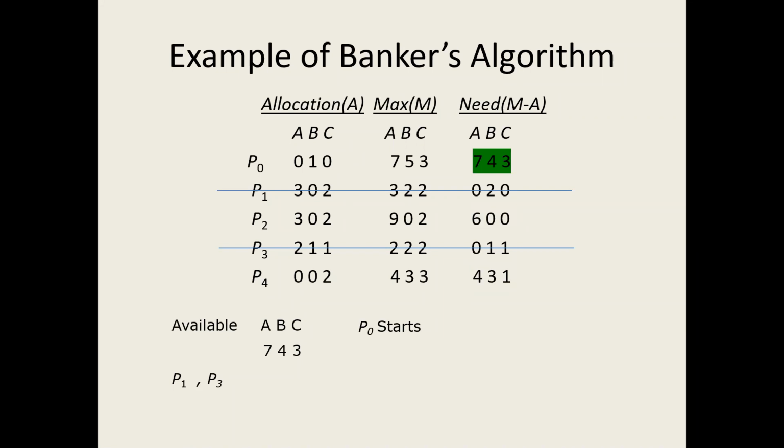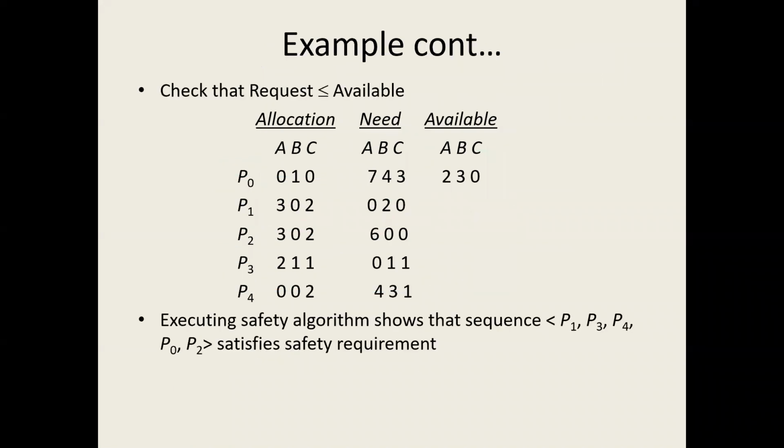So you might find different sequences. For example, this is another safe state. P1, P3, P4, P0, P2 is another safe state. So you can check that as well, right? So you can find different sequences for safe states in this example.